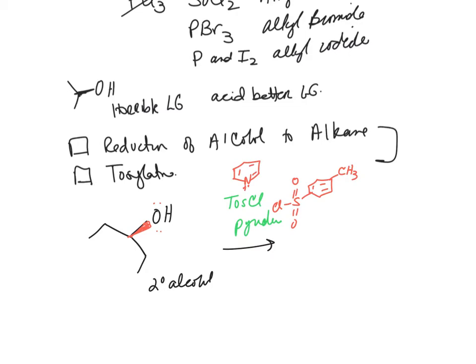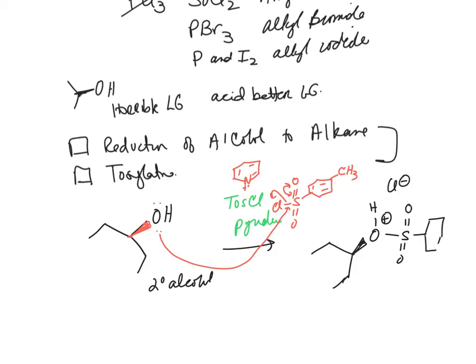And so what happens here is this will come here, and this comes up and comes down, and then the chloride leaves, and you actually convert, you could put it like this. This is your tosylate.